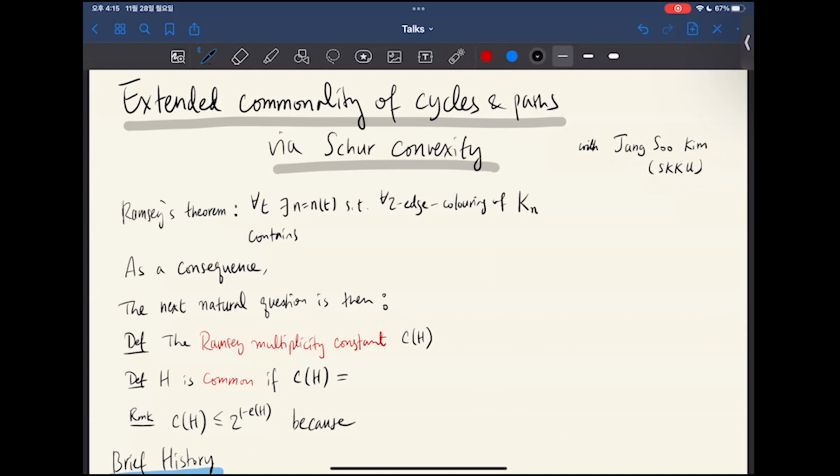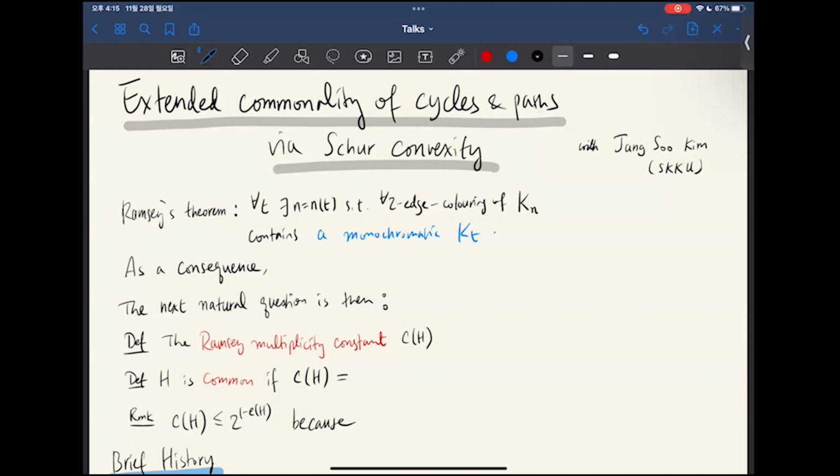So first, Ramsey's Theorem. In its pure qualitative statement, Ramsey's Theorem states that given any t, you can find some large enough n such that any two-edge coloring of Kn contains a monochromatic copy of Kt. Okay, that's obvious.